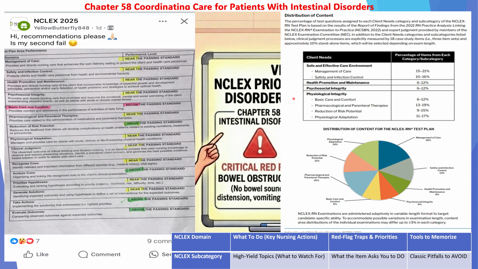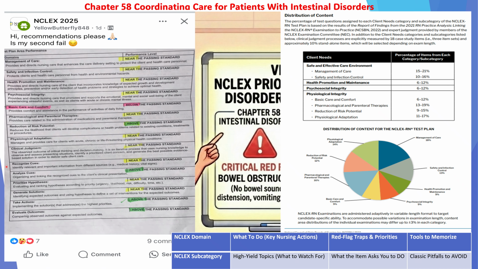As you know, I always talk about this pie chart plus the other specific areas. So we have those domains, the traditional 8 categories, and then we have the clinical judgment, which is a huge focus on the exam.